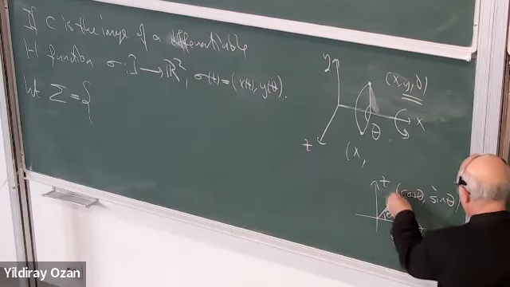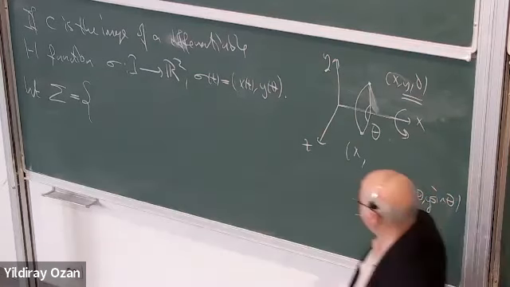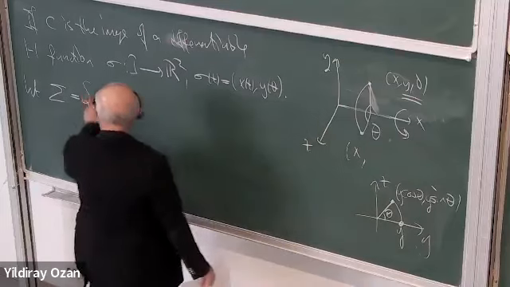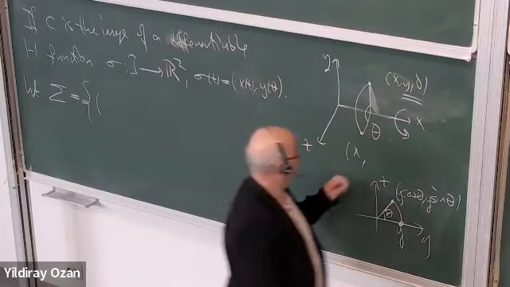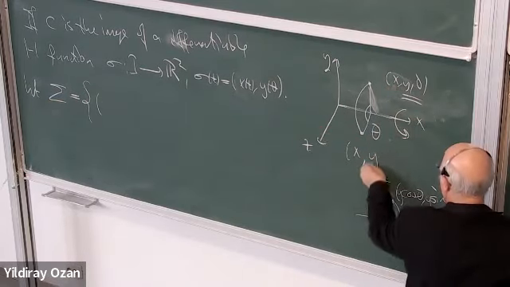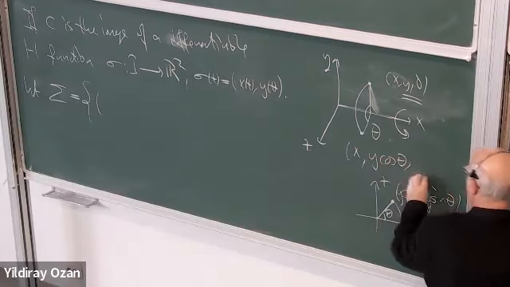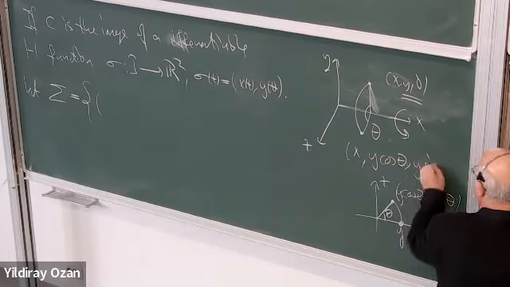Maybe I should write y in front. So then what will this be? The x coordinate won't change. So this point is x, and then y times cosine theta, and y times sine theta.